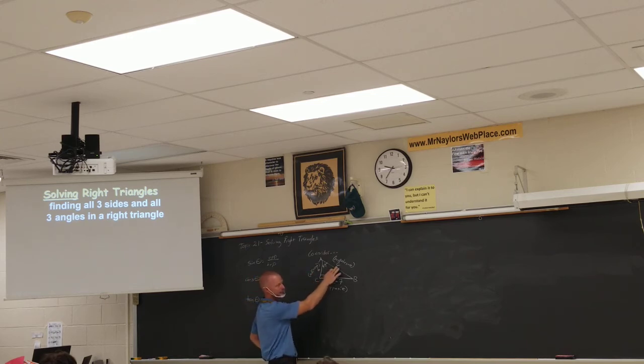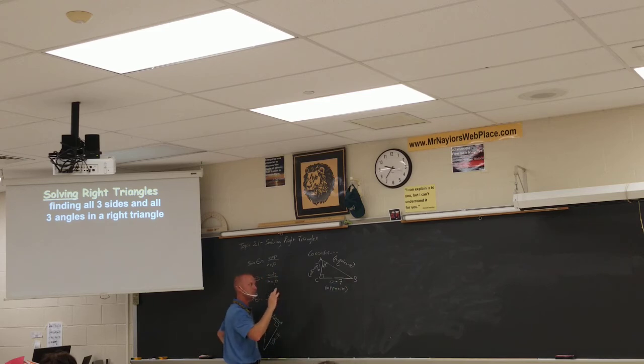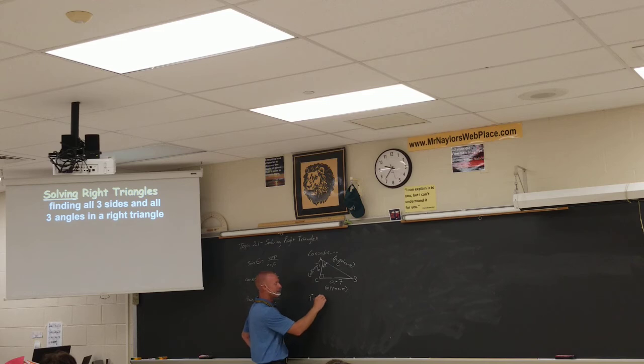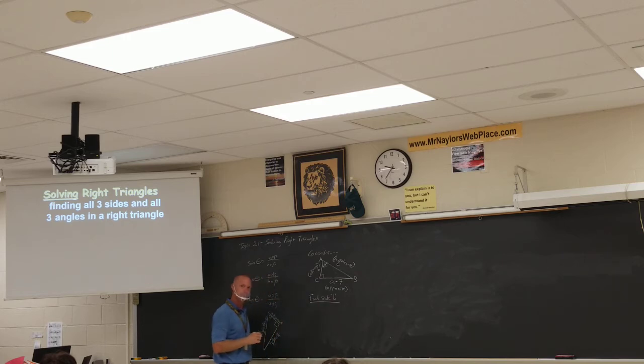Side c, you need to find. And by the way, angle B, you need to find. Because there are so many things to find, sometimes people have trouble getting started. I just want to say that you just need to pick something to find. Maybe you need me to suggest, or maybe you just decide to start with side b. Just hear me out. You could have started with side c.